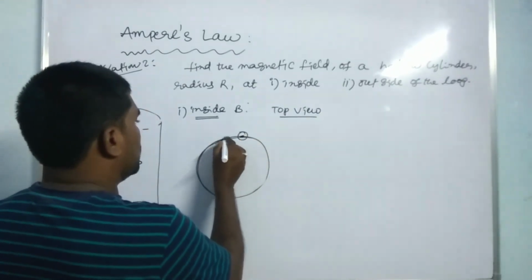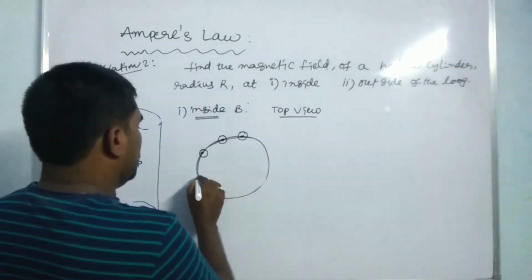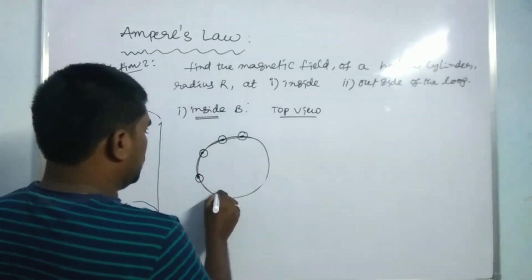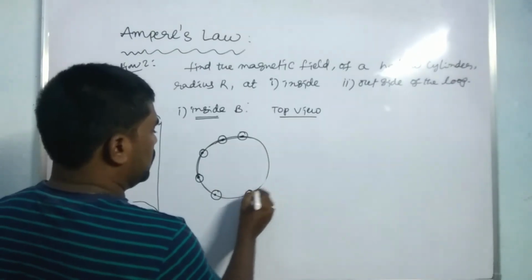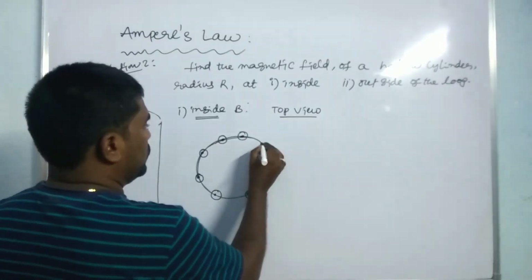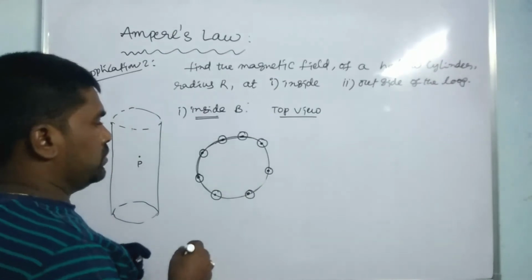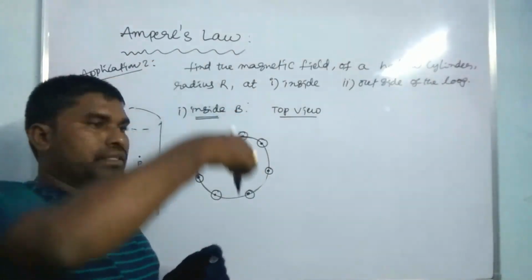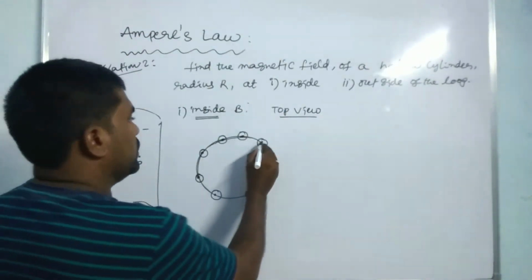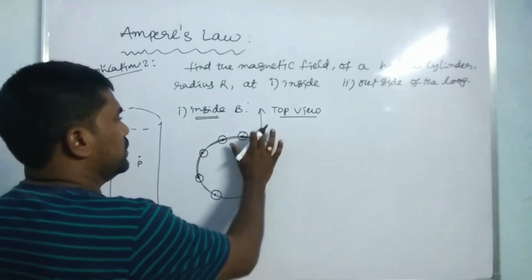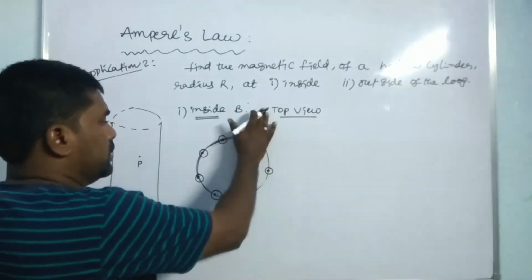So this is the current which passes outward, in this direction. It is the current, so outward direction.